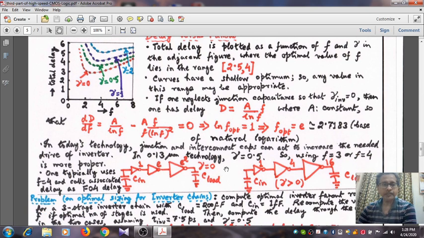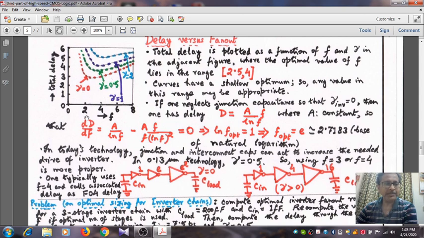And we can see from the curve that there is a shallow optimum. For gamma equal to 0, the plot gets its minimum value at F equal to 2.71. For gamma equal to 0.5, it is in the range of 2.5 or 3 nearly. For gamma equal to 2 and 3, it is nearly 4, say 3.6, 3.8.